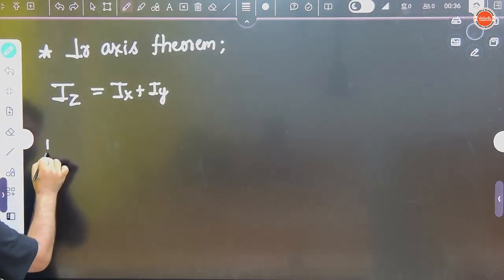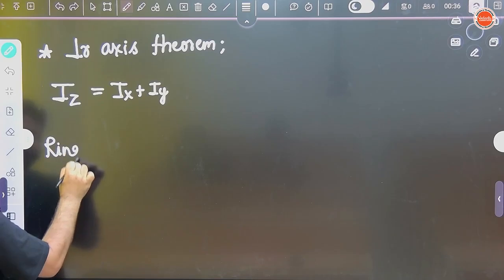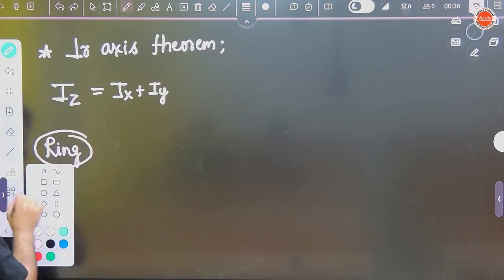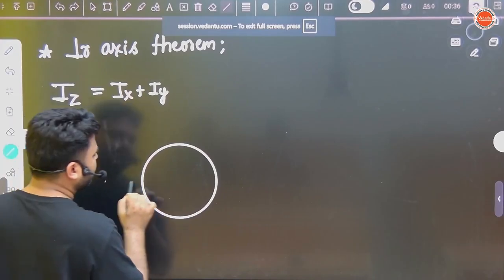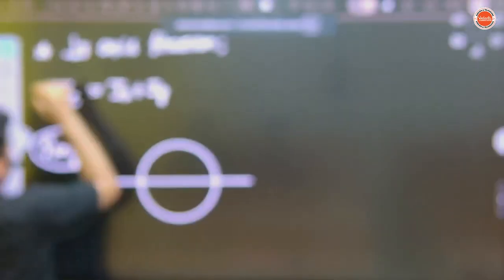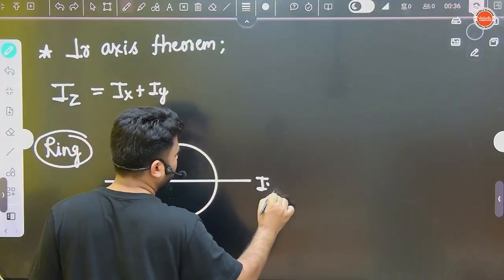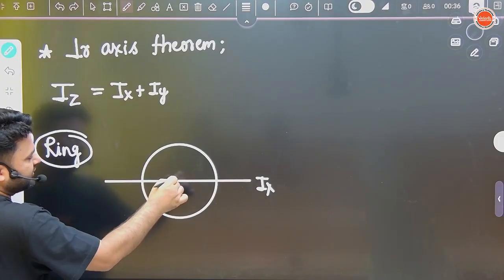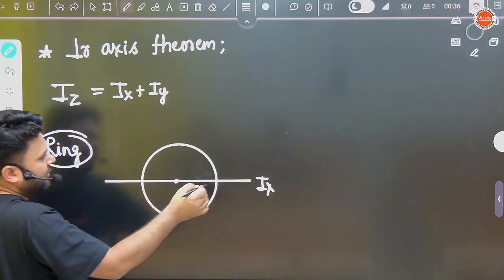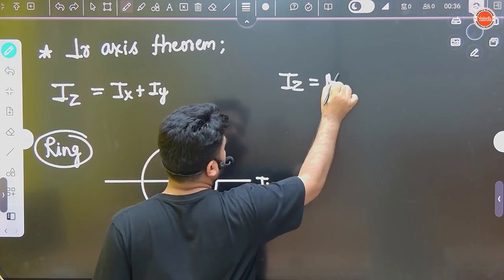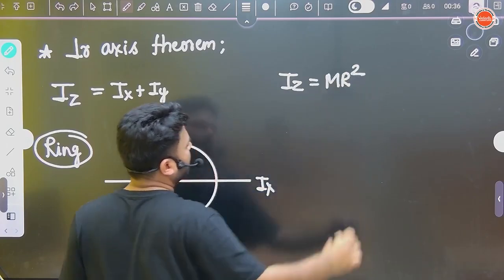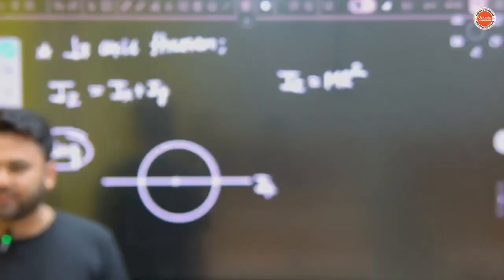For example, there is a ring. See, try to understand. There is a ring. They are asking what is the moment of inertia about this axis, x axis. Now we know that moment of inertia about z axis of the ring is mr square. But they are asking moment of inertia about x axis.